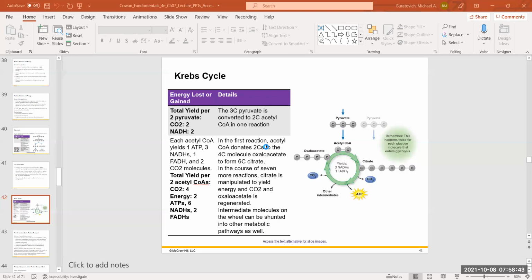So if I ask you how many ATP 1 turn of the Krebs cycle produces, it's just 1. You might say it doesn't produce any ATP, it produces a GTP. Well, in your head, GTP equals ATP. So we'll just say that's an ATP. And this is shown right here: 3 NADHs, 1 FADH2, 2 CO2s, count them 1, 2, and an ATP.